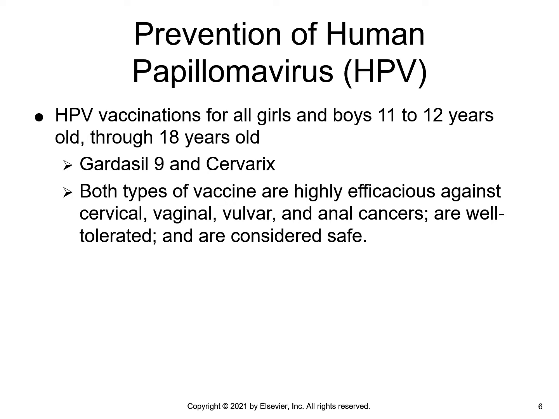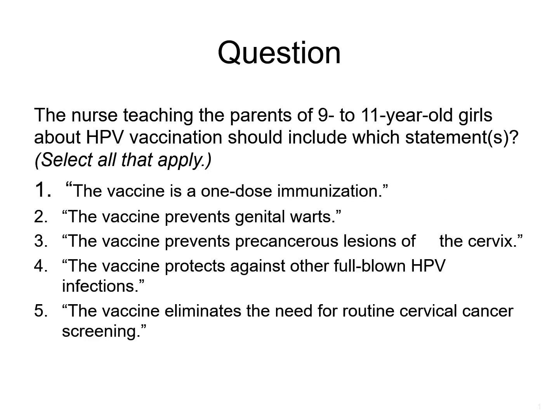Both vaccines are highly efficacious against cervical, vaginal, vulvar, and anal cancers. These are well-tolerated vaccines and they are considered safe. Either of the vaccines needs 3 doses to be effective.